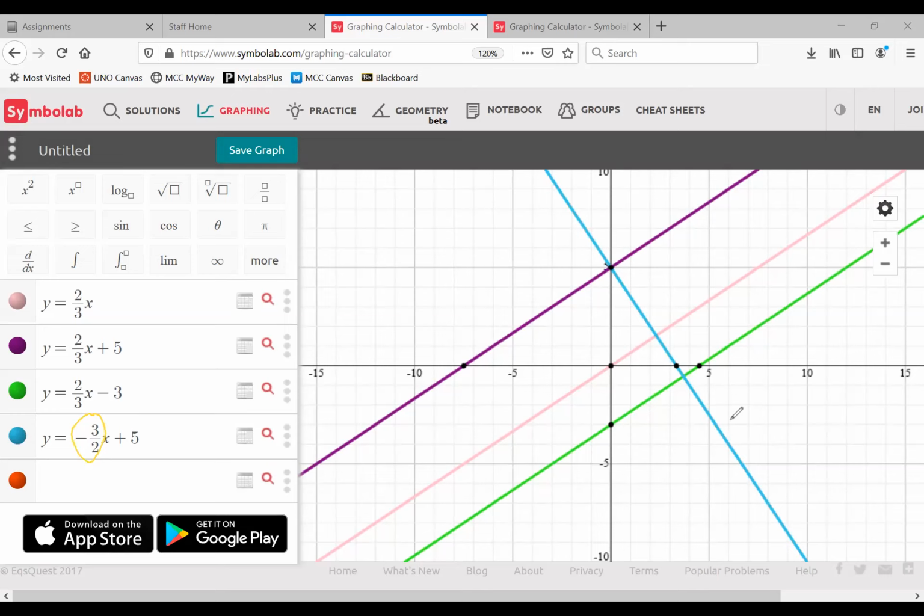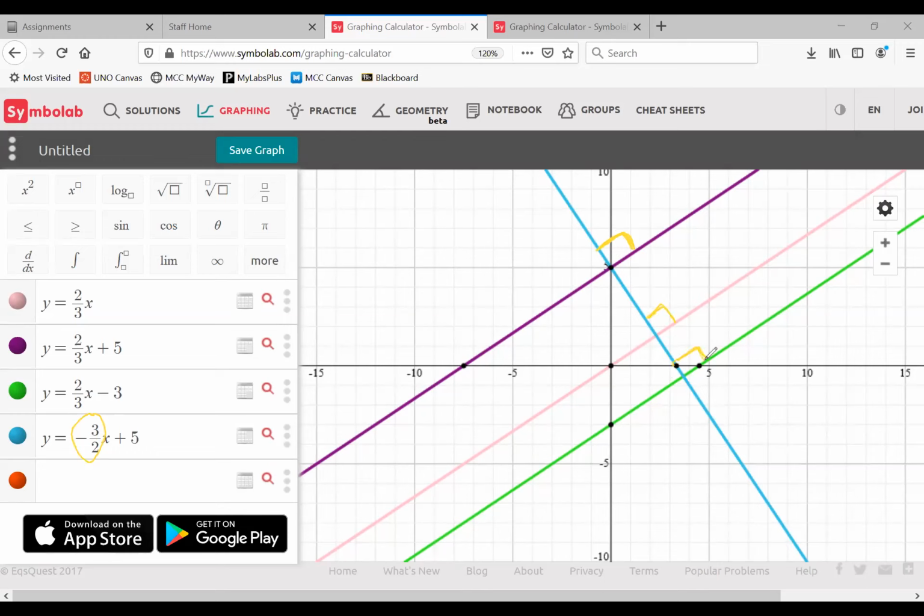Whereas this other one, this blue one, this line has a slope of -3/2. So the 2/3 has been changed into -3/2. That's a perfect example of opposite reciprocals. And so this blue line is actually perpendicular to the other one. So it's crossing the other lines at a 90-degree or right angle. And I'm drawing a little square here, which is sometimes a symbol for perpendicular.